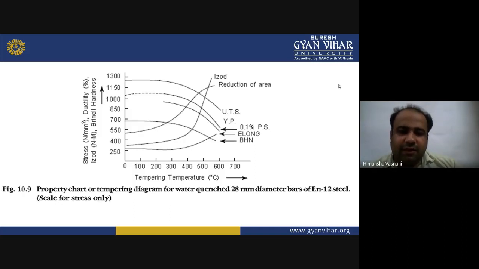They have taken a sample of 28 mm diameter bars of EN12 steel.